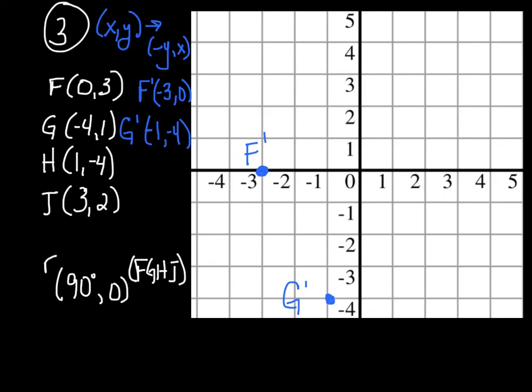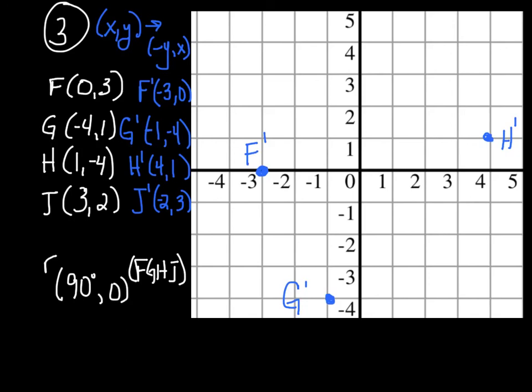H is (1, negative 4). We flip them. That becomes (negative 4, 1). But then the negative 4 becomes positive 4. We have to do the opposite. So that'd be (4, 1). That's H prime. J prime is (3, negative 2). So we flip it, (2, 3). Take the opposite of the first one.